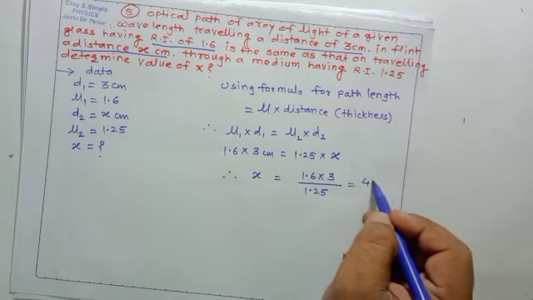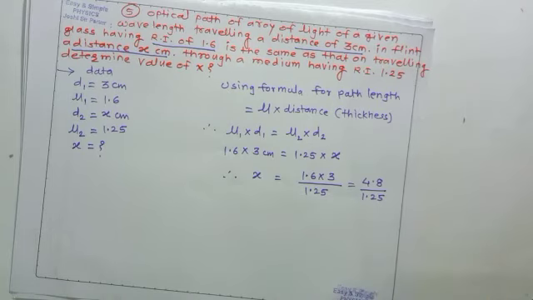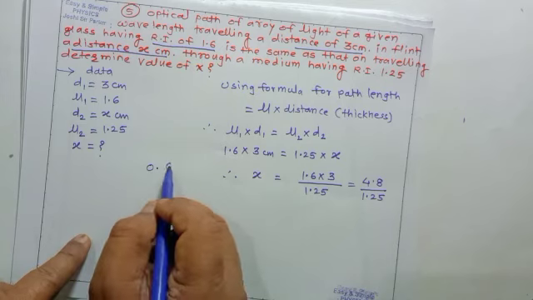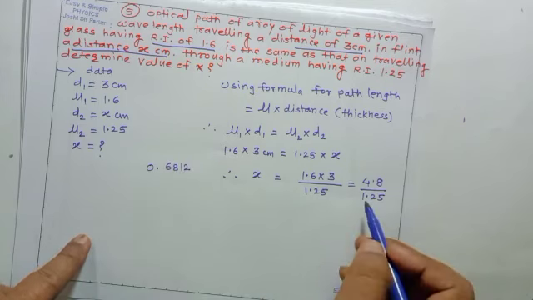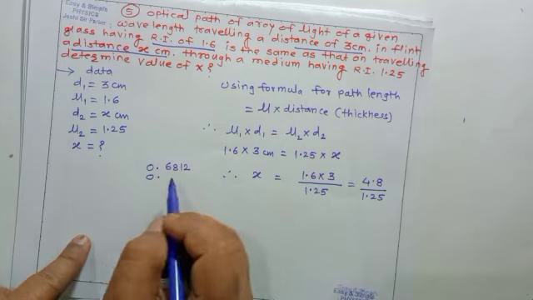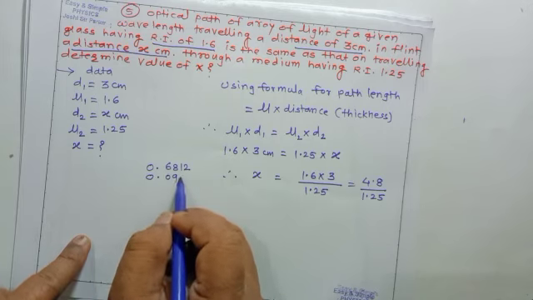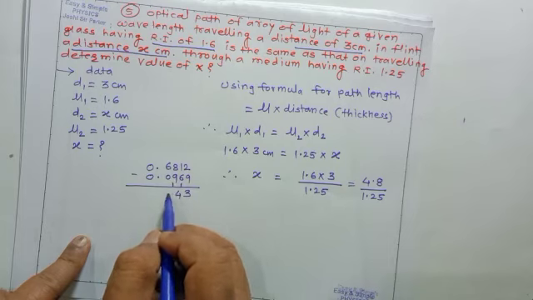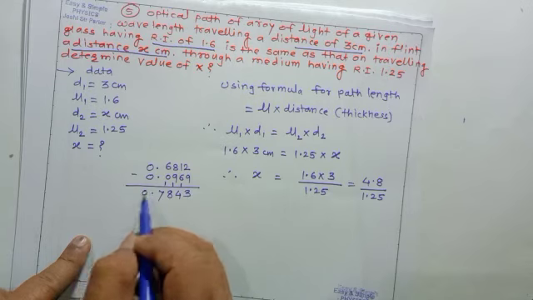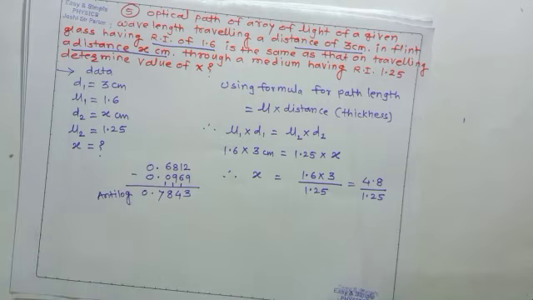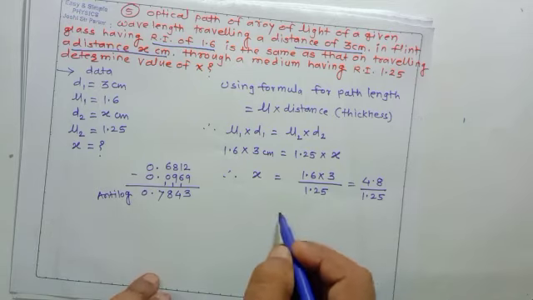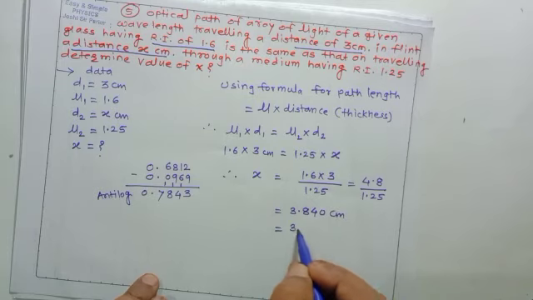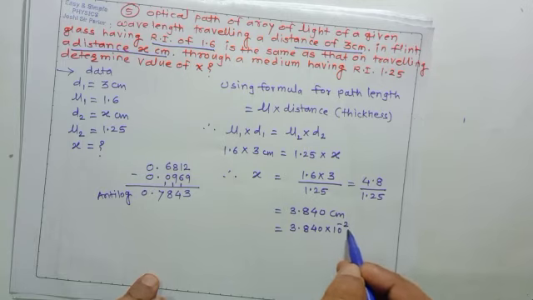That will be 4.8 upon 1.25. If we take log of 48, the characteristic is 0 and the mantissa is 6812. Log of 125 has characteristic 0 and mantissa 0969. Subtracting, we take its antilog, antilog of 0.5843, which will be 3.840 centimeter, or written as 3.840 into 10 to the power minus 2 meter.